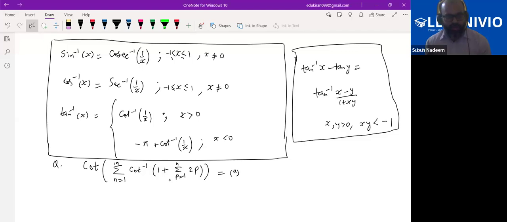Options also let me give you: 21 by 19, and then 19 by 21, and then 22 by 23, and then 23 by 22.